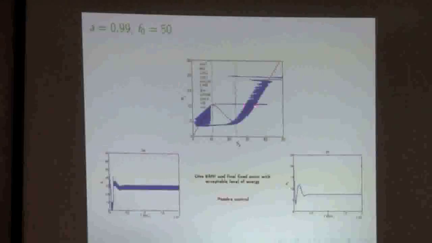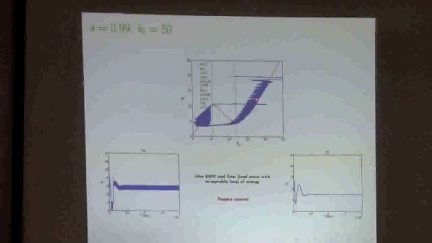But in fact, if you look here, it is not clear. The evolution is like that. You have a jump, you follow the branch, you have a jump, but then you have evolution to the fixed point that is a periodic solution. It is what is seen here.